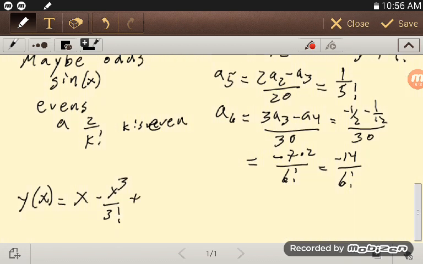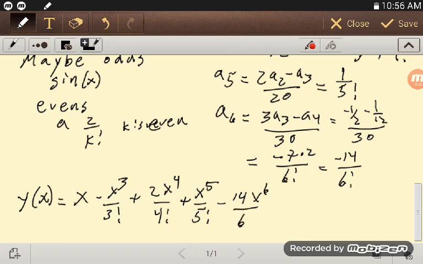So plus 2x to the 4th over 4 factorial. And then plus x to the 5th over 5 factorial. And then minus 14x to the 6th over 6 factorial, and then it keeps going with something, but I'm not sure what. So there are my terms.